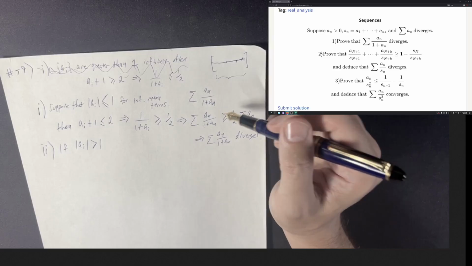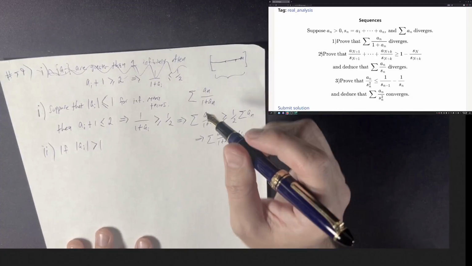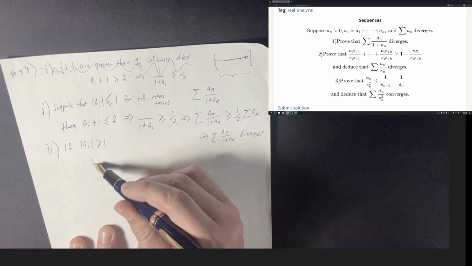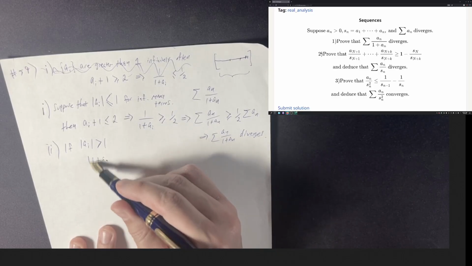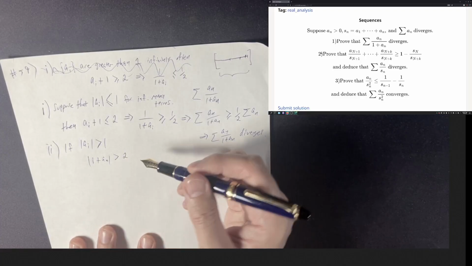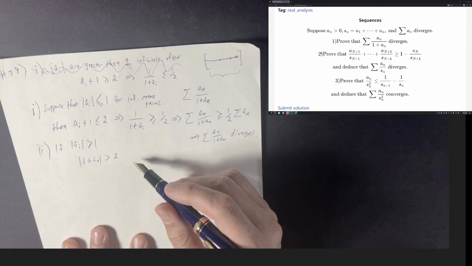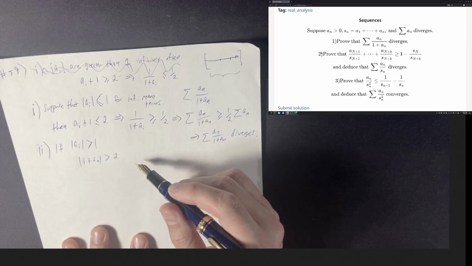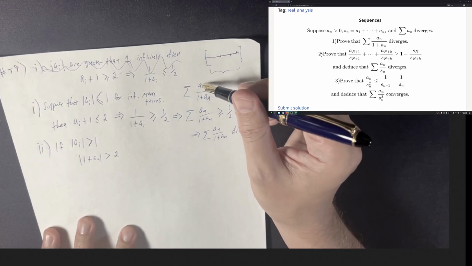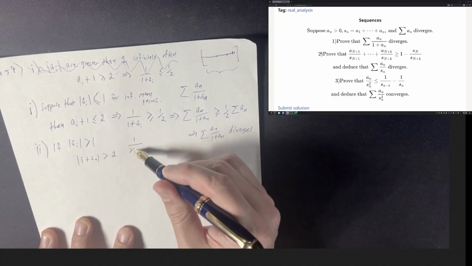Oh, is it always bigger than half? The terms themselves, I'm saying. If this happens, then 1 plus a_n is bigger than 2, right? And so, no, damn it. What if I divide by this? We've got the same series.